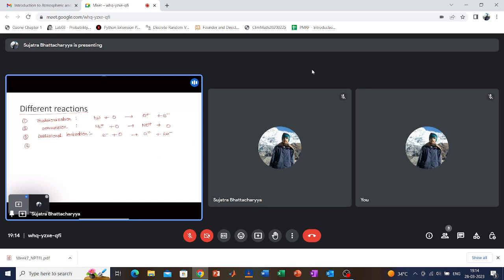Fourth is recombination, which we are talking about. So this is the recombination reaction. So it's oxygen plus N2 gives O2. This combines, and this is N2. So that's why it is called the recombination. Fifth is dissociative recombination.